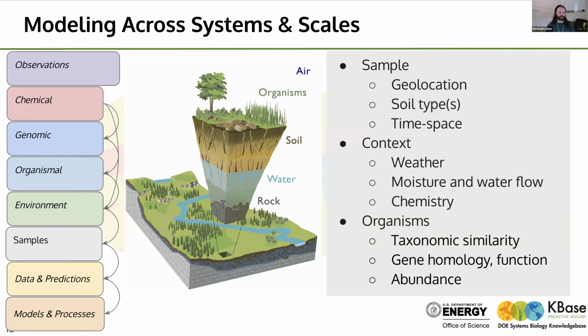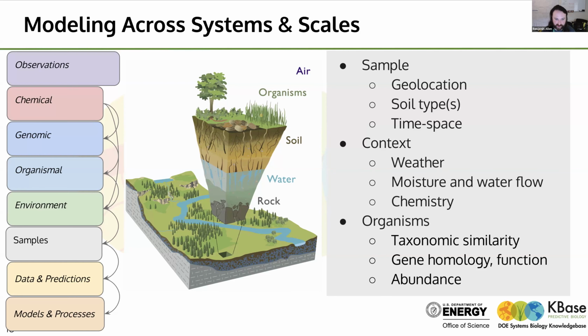So you can kind of see our understanding of what we are trying to link together between various data types and various research objects, from everything from genomes and organisms to the environmental context that they're in and the geochemistry, as well as information about their geolocation and when the sampling took place.